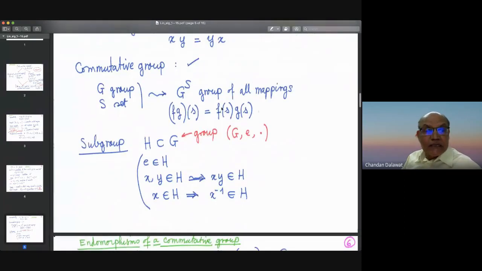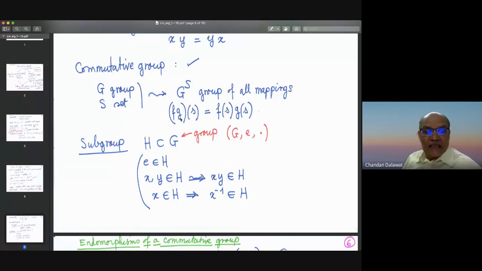An example would be, if you take a group G and take a set S, then the set of all mappings from S to G, G to the power S, denotes the set of all mappings from S to G. That becomes a group again. How do you multiply two elements of this set of mappings?